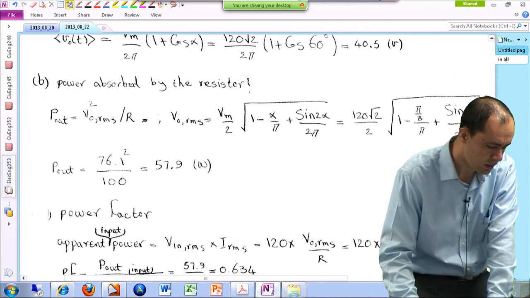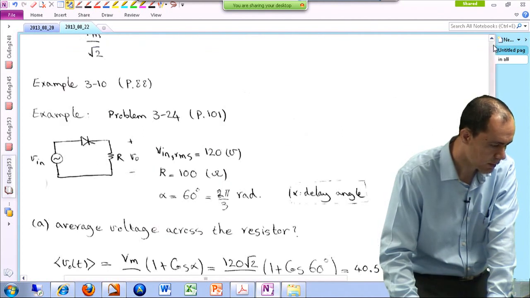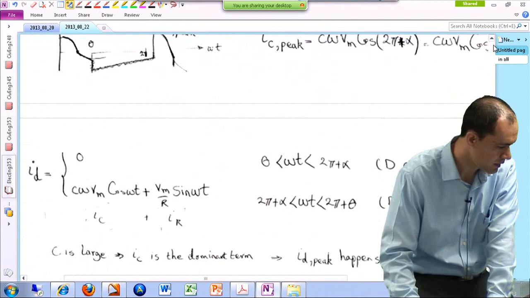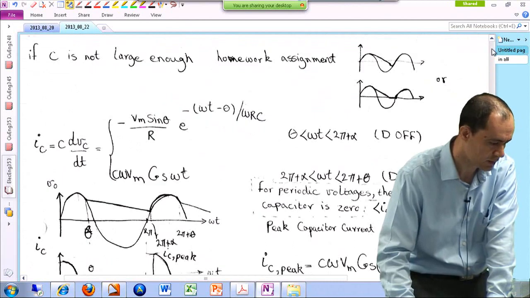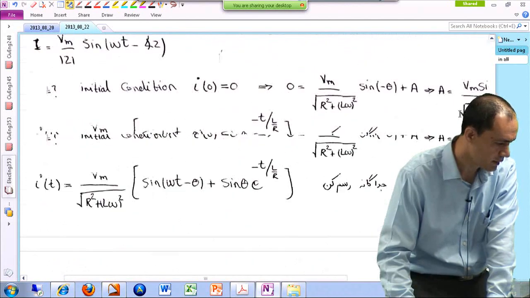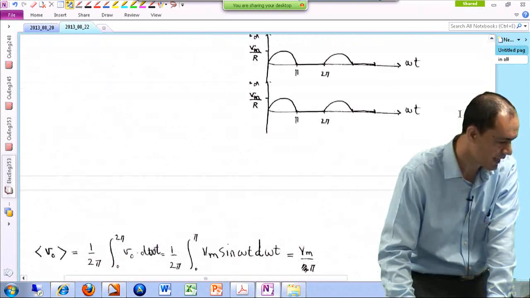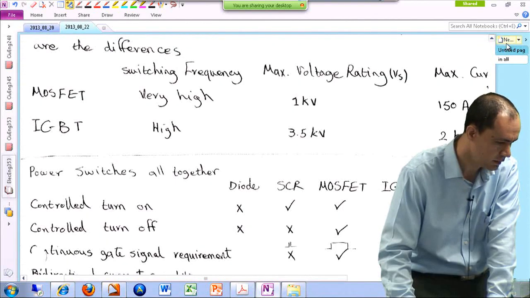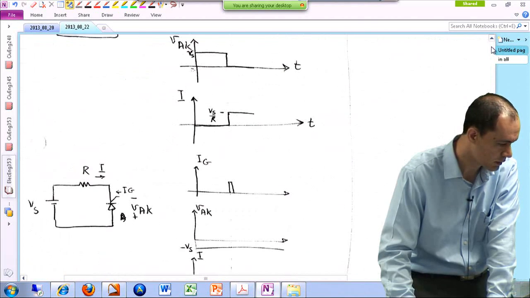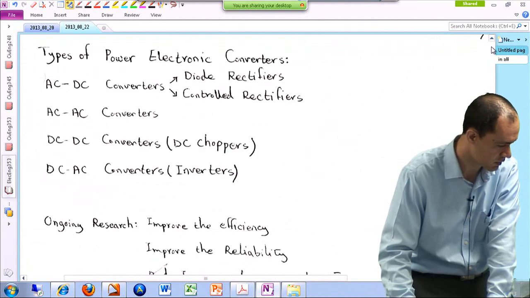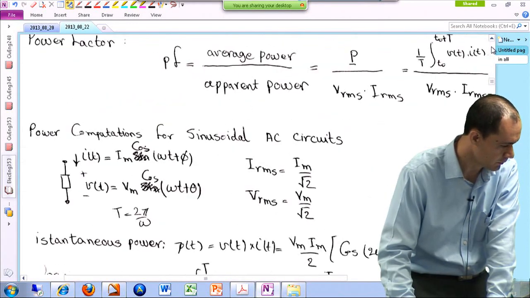Then we defined the RMS value of a signal, which is usually defined for periodic signals. Let's say I have a signal x with a period of capital T, and I'm trying to look at its RMS value.